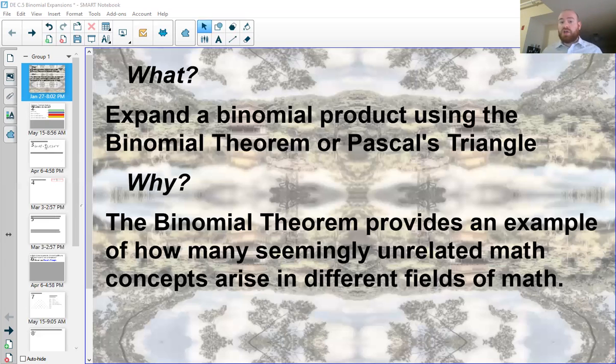There's many different subfields within math. And when we see how they come together and overlap, it really brings a greater depth and richness to the subject.